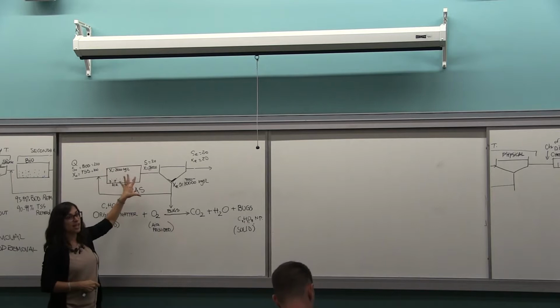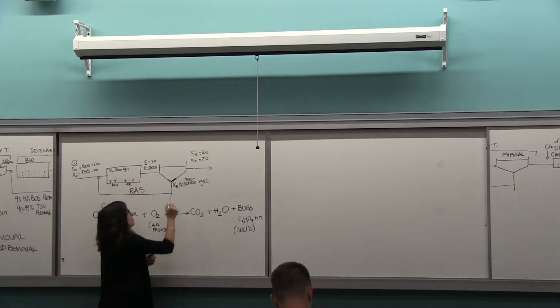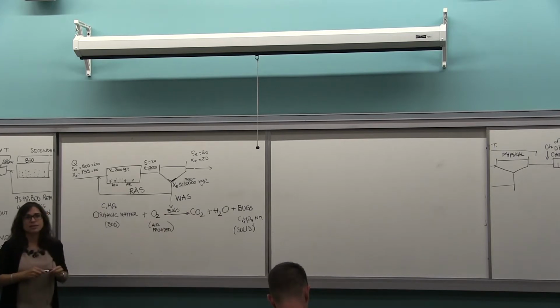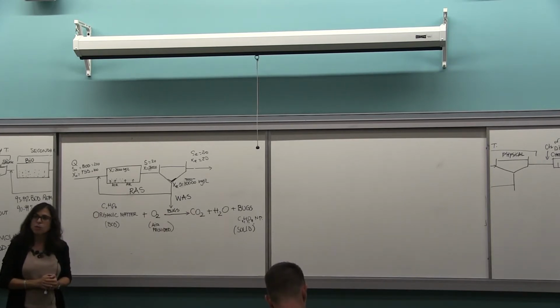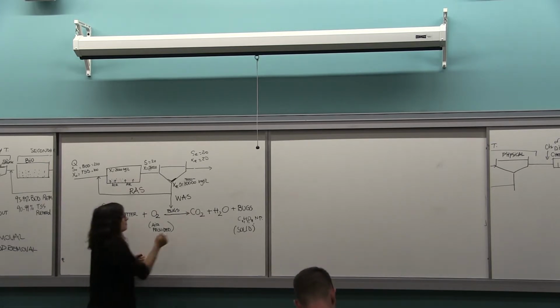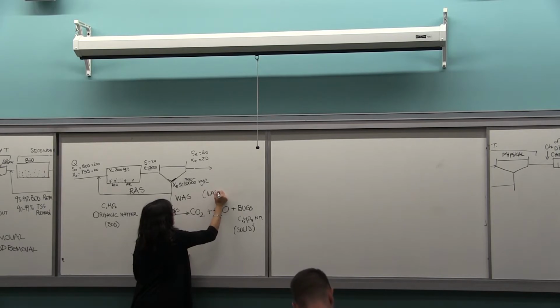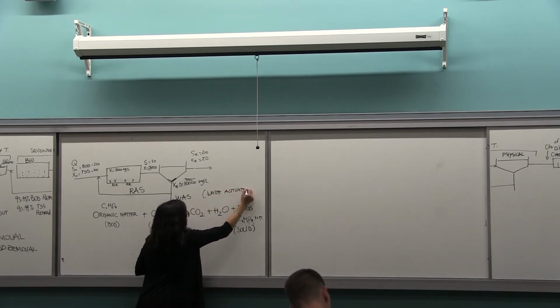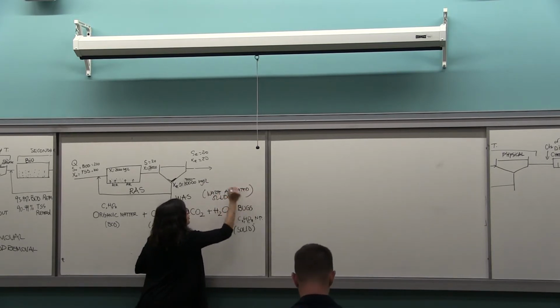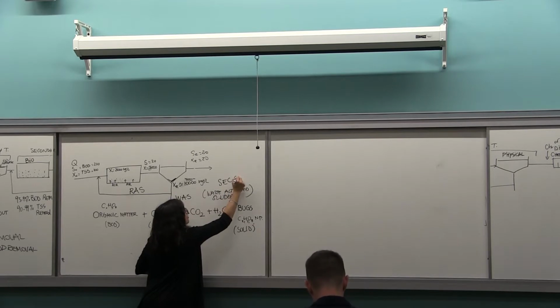To maintain a constant concentration, some bugs need to be wasted. At the bottom, we have what we call wasted activated sludge, which is also secondary sludge.